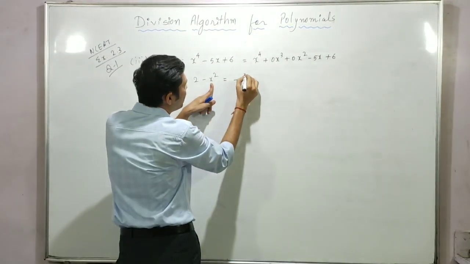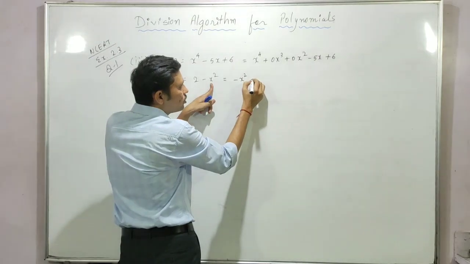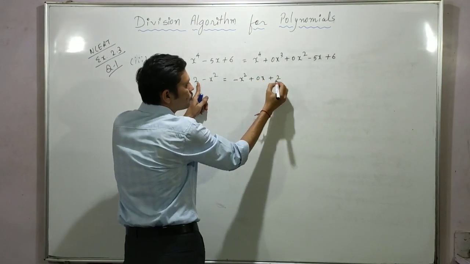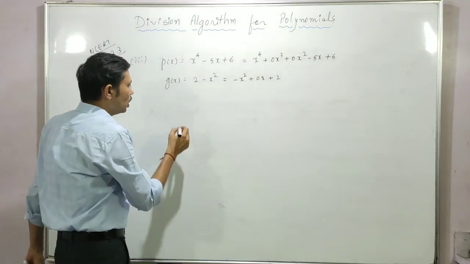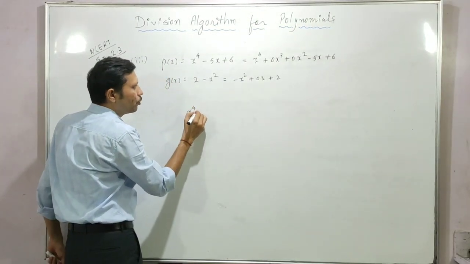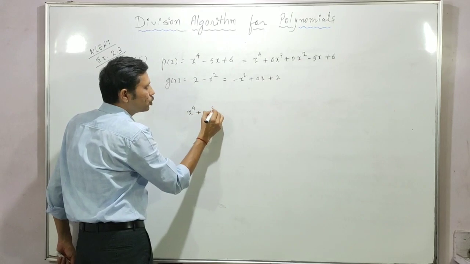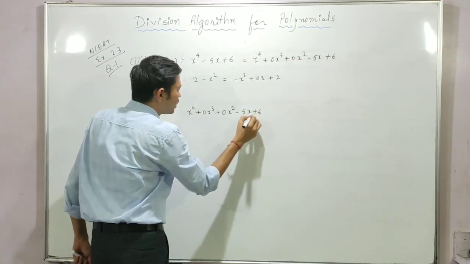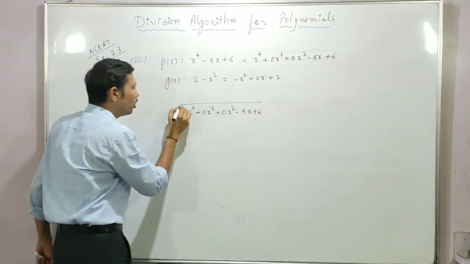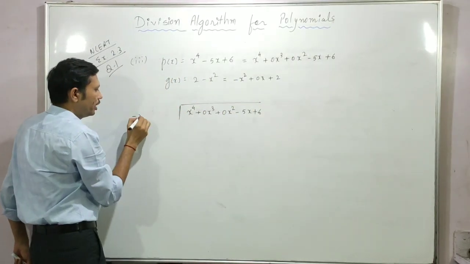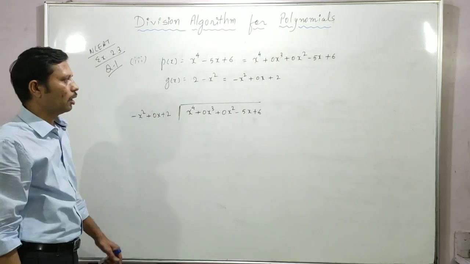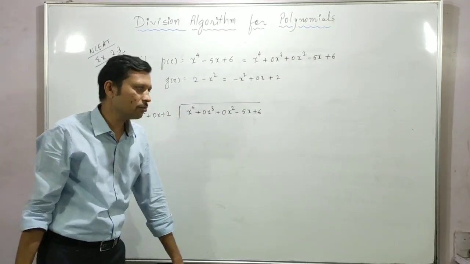So first the highest degree, minus x square, after that x is missing here, so plus 0x and then plus 2. Okay. Now our dividend x to the power 4 plus 0x cube plus 0x square minus 5x plus 6, that we will divide by what? The divisor, minus x square plus 0x plus 2. Now let's derive the quotient terms one by one.